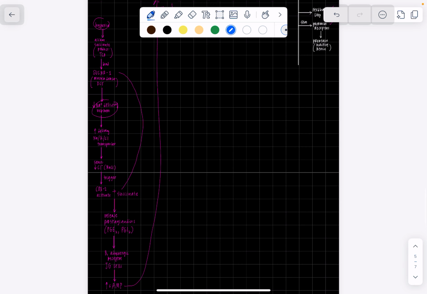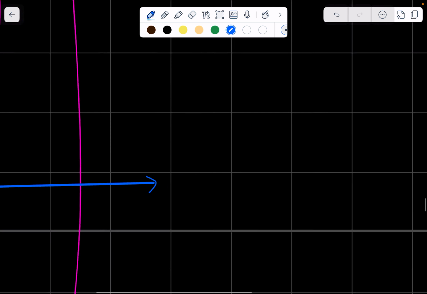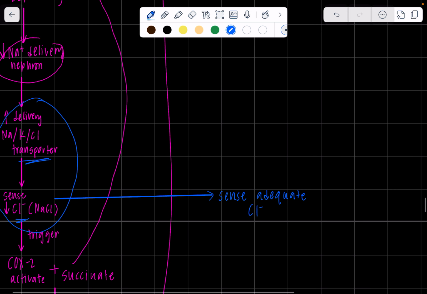So we talked about how, right here, the transporter senses a drop in Cl. Well, as the hypoxia improves, our NaCl levels will also improve. So what this NaKCl transporter does is it will sense adequate Cl. It'll sense when the Cl is better, which is an indicator for the hypoxia improving.